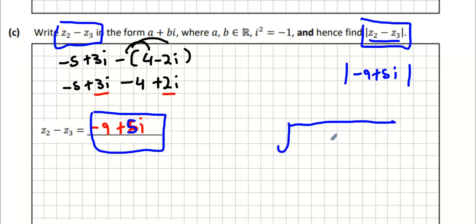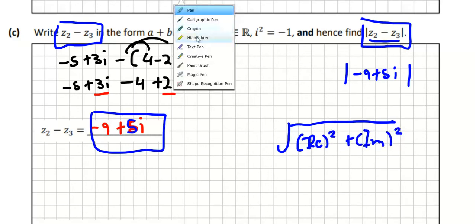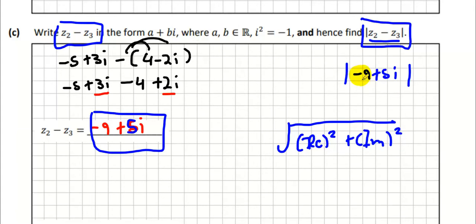So there's two parts, and the way I do this is real number squared plus imaginary part squared. So in this question, the real part is always the part that hasn't got the i in it. So the real part's -9. So you do -9 squared, and then you do the imaginary part squared, which is just the 5. Okay?